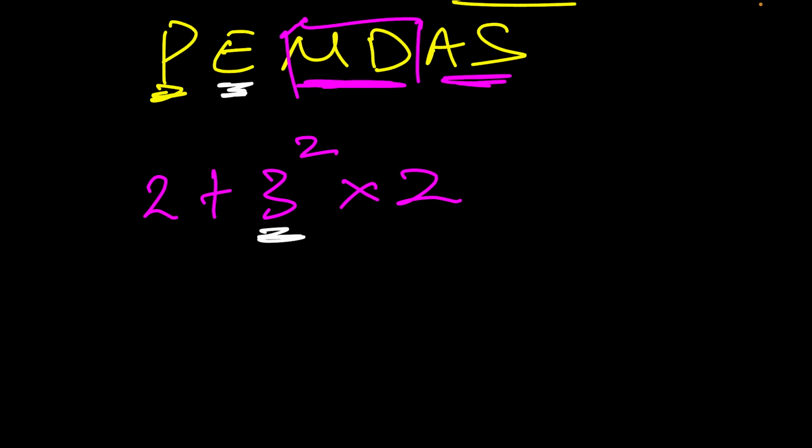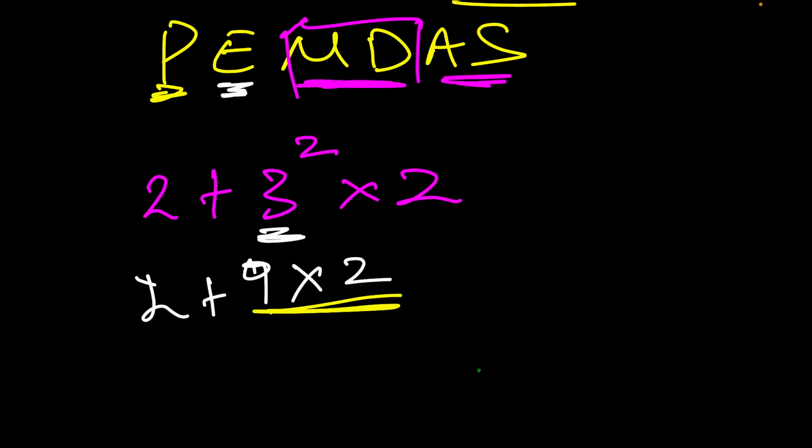So this now becomes 2 plus 3 squared, that's 9, and times 2. And we go to the next priority, which is 2 times 9. So this now just leaves us with 2 plus 18, which leaves us with 20. So that's it for this section.